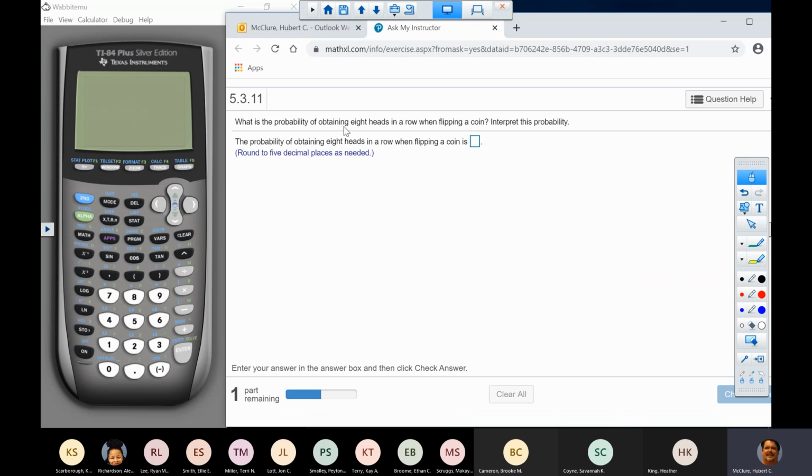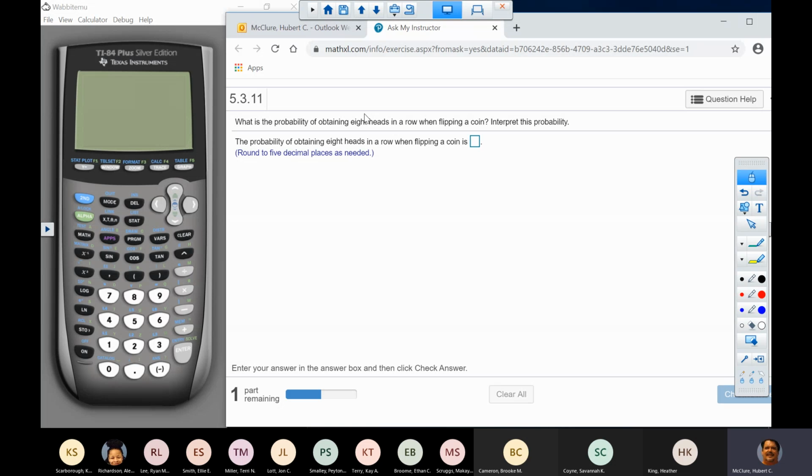What is the probability of obtaining 8 heads in a row when flipping a coin? Okay, 8 heads. First of all, what is the probability of heads? On a coin, what is the probability of you getting heads? 1 out of what? Which is 1/2 or 0.5.